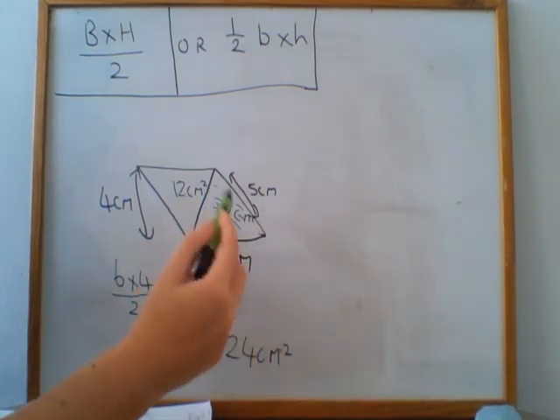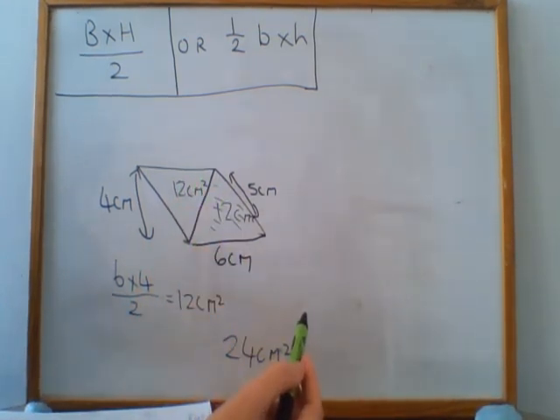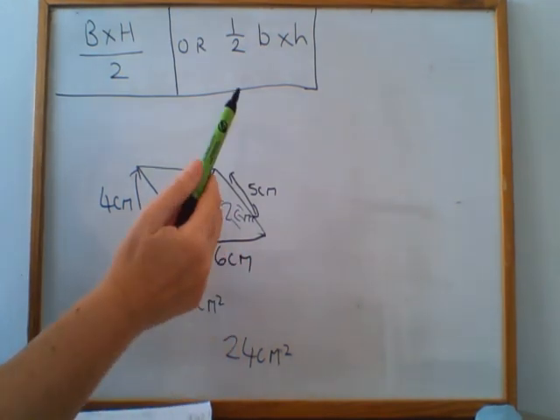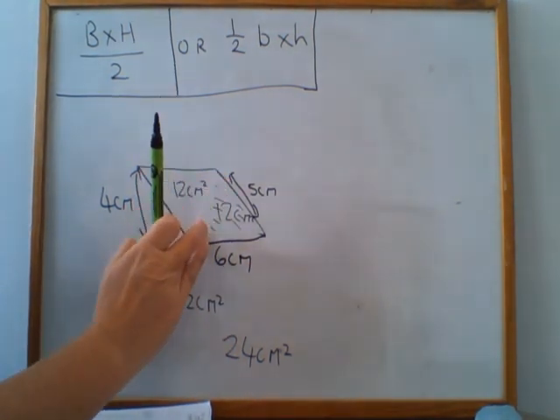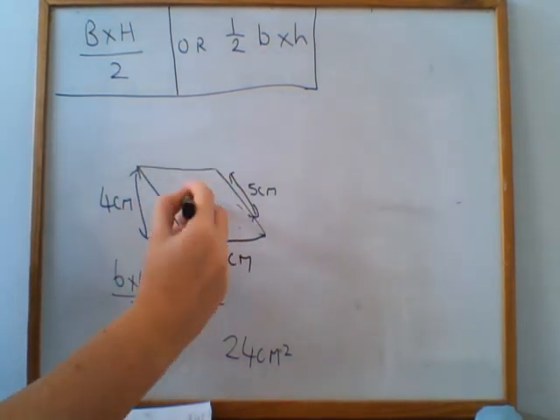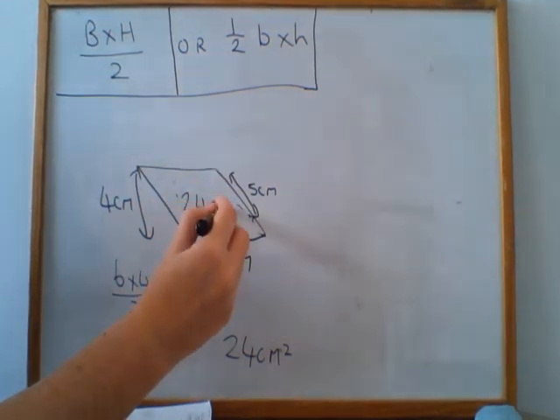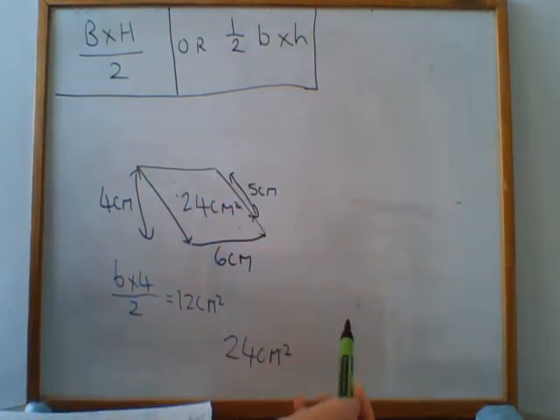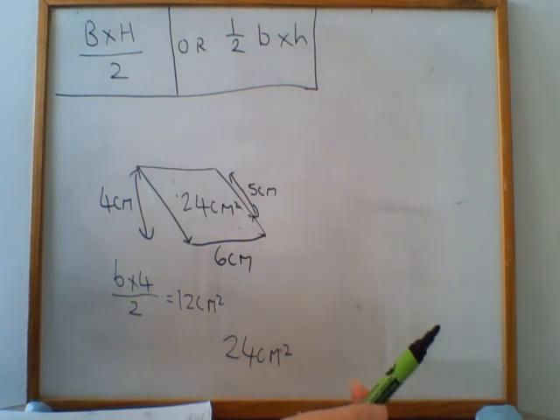So parallelograms we will come on to, but you might be able to see there, the parallelogram, the whole shape, if we took that bit out, and I said that the parallelogram we just worked out in total was 24 centimetres squared. Some of you might be able to work out the formula for the area of the parallelogram there. If not, we will be having a lesson on it, I think 2 or 3 lessons down from where we are now.